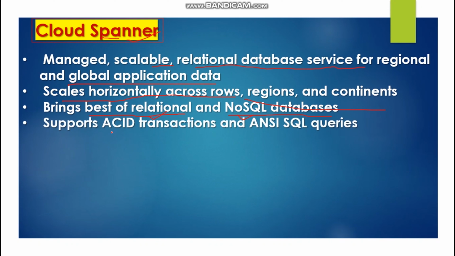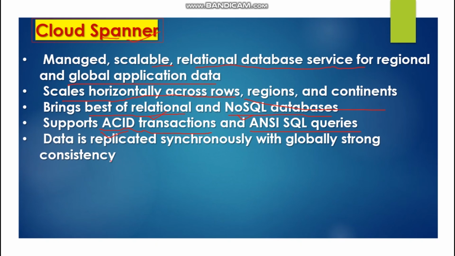Okay. Now it also supports ACID transactions and ANSI SQL queries. So in terms of microservices, nowadays ACID transaction is one of the requirements of every application, that is atomicity, consistency, isolation and durability, right? So all these are supported by Cloud Spanner and it also supports SQL queries.